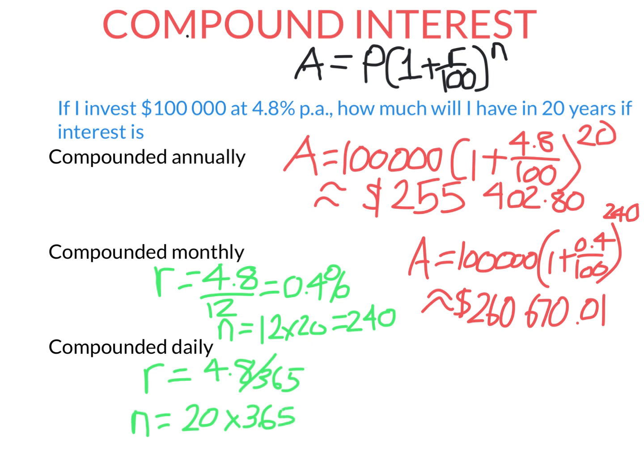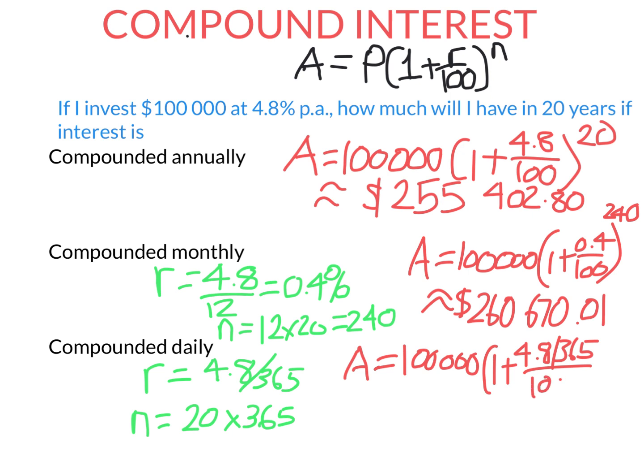We're still using our exponential growth formula. It's just different values for R and N. The principal is going to be the same at 100,000. So it'll be 1 plus, and we'll just put R like this because 4.8 over 365 is not a nice decimal at all.